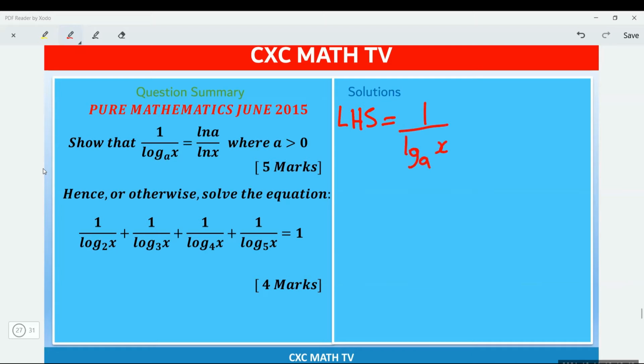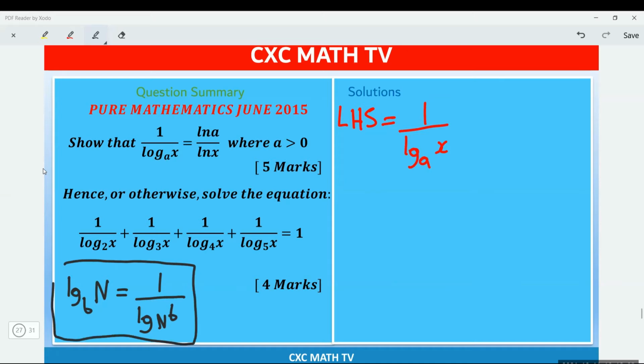Now, this is a law of logarithm that I always want you to remember. Remember that the log base a of a number b is equal to 1 over the log base b of a. Always remember this rule right here. You might say, why do I need to know that?